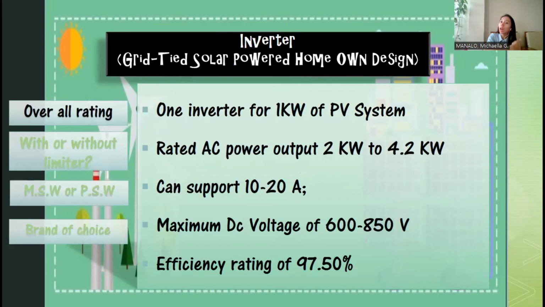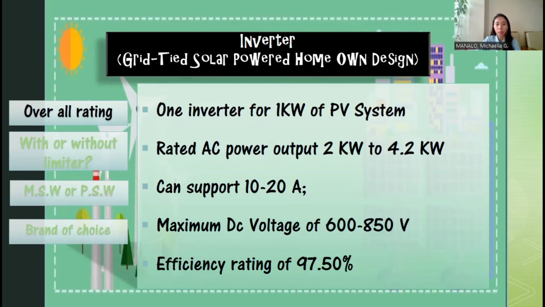Now let's talk about our inverter. Kung anong inverter yung gagamitin namin sa aming own design. So we have the overall rating. Gagamit kami ng isang inverter with the rate for our photovoltaic system 1 kilowatt.